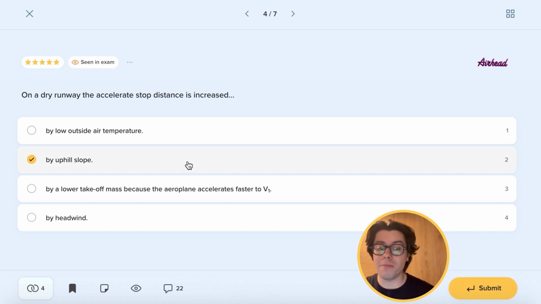So here, the answer uphill slope will actually increase your accelerate stop distance needed. The reason for this is that you will reach your V1 speed at a later point because the acceleration will take more time. In all other cases, the acceleration will be easier and faster, so you will actually need slightly less accelerate stop distance.